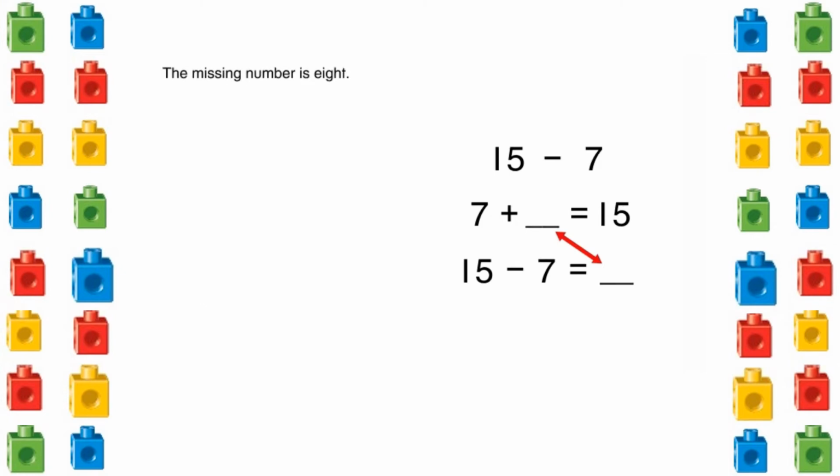The missing number is 8. You know the addition fact. The addition fact is 7 plus 8 equals 15. So you also know the subtraction fact. The subtraction fact is 15 minus 7 equals 8. Explain in your own words how addition and subtraction are related.